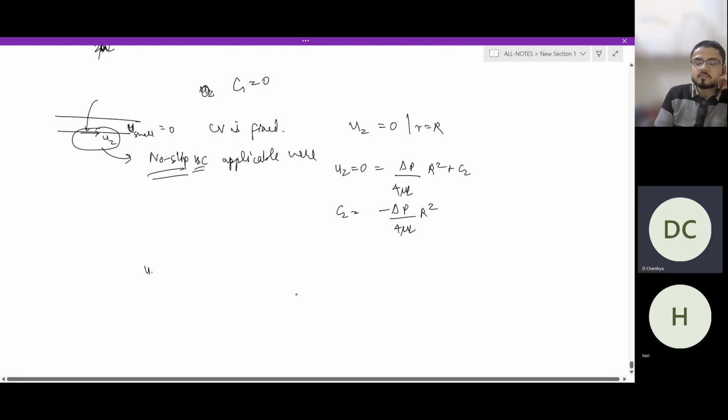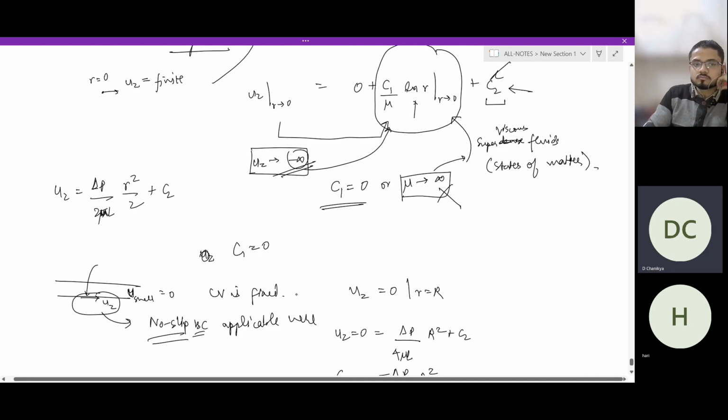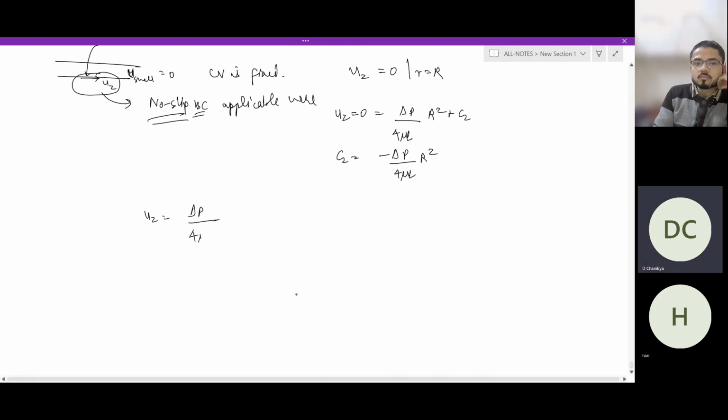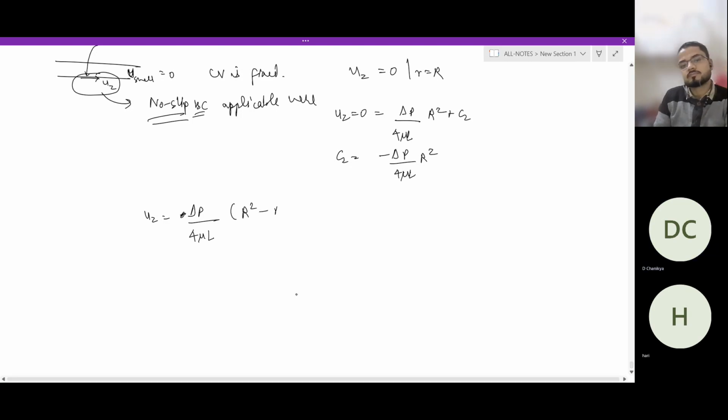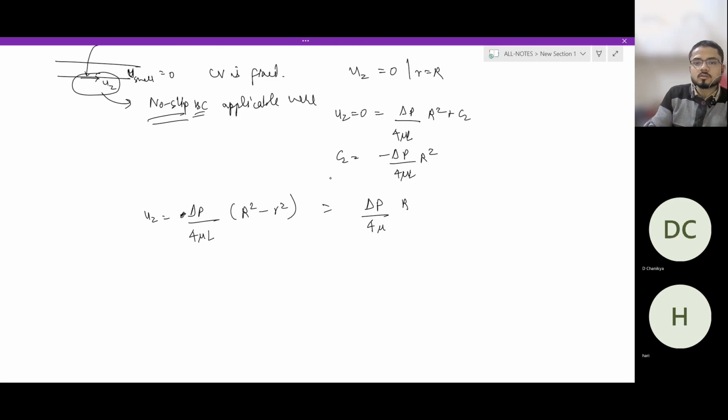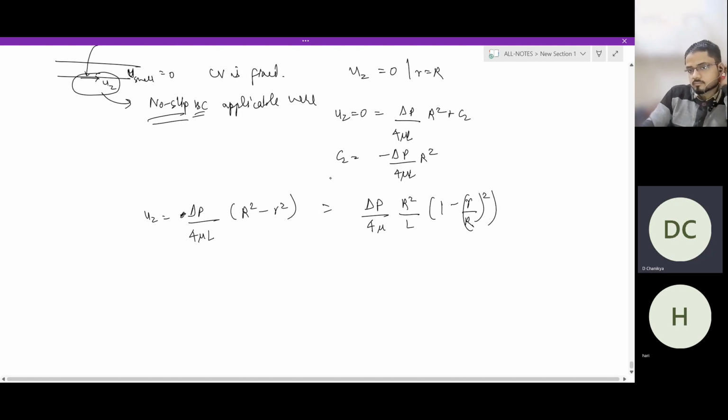And Uz is finally equal to del P over 4 mu L times (R squared minus r squared), right? And if you take the common part out of here, it becomes del P R squared over 4 mu L, times 1 minus r over R, the entire thing squared, right?